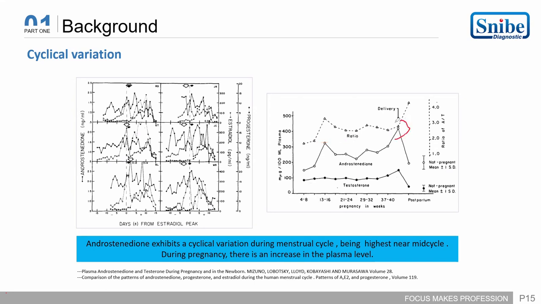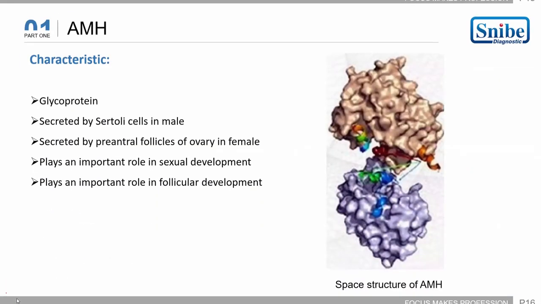Peak values are achieved in the mid-cycle and during pregnancy there is an increase in the plasma levels. So they have cyclic, diurnal, and circannual variations. That's why this is a challenge for the industry.